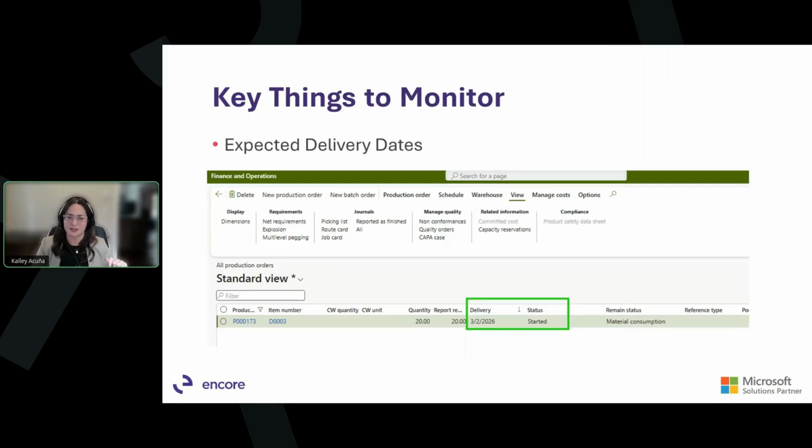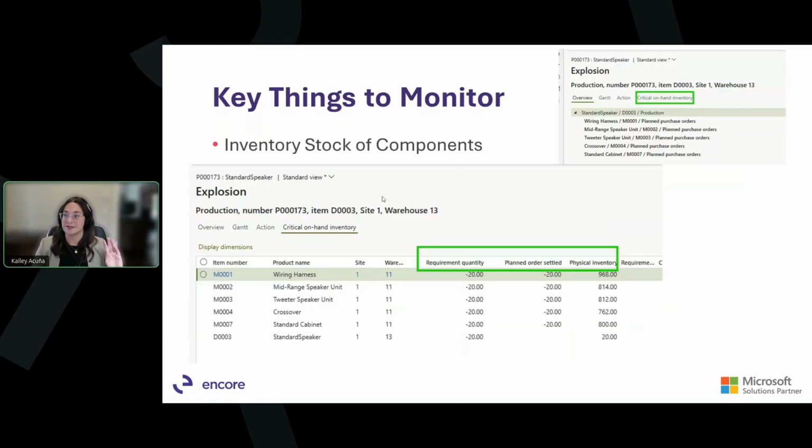Nothing is more tedious than having a past due delivery date, because then people will be emailing you and sending you messages saying, where is my stuff? So, expected delivery dates. The other thing that's really important to monitor with work in process is the inventory that you have of your raw materials or your components. I mentioned this earlier, right? Our picking list journals represent the items that are required to produce our finished good.